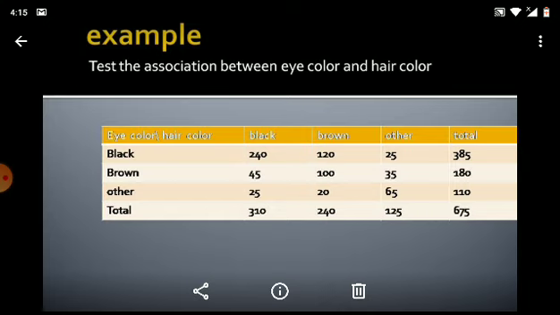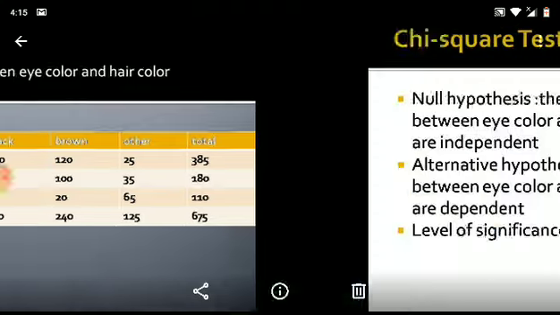In the same manner for 120, 385 multiplied by 240 over 675. Then for 25 you have to calculate 385 multiplied by 125 divided by 675. What you have to do is take the corresponding row and column totals for that particular value and divide their product by the overall total.